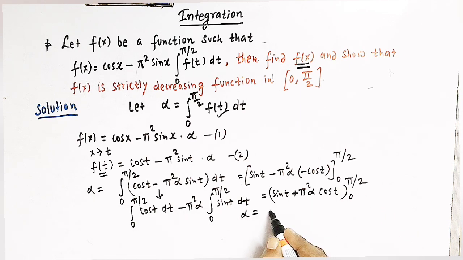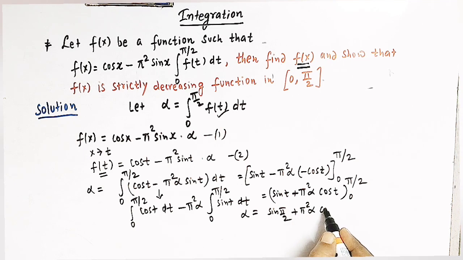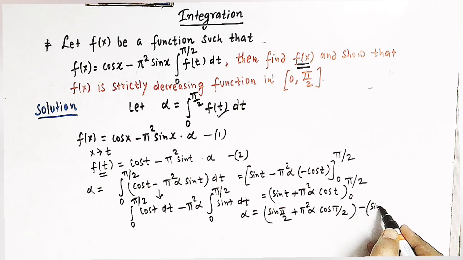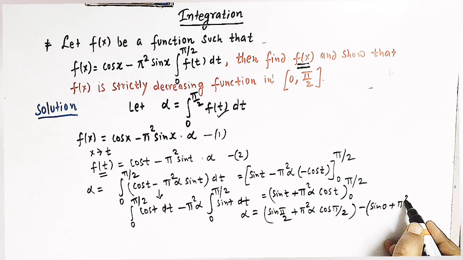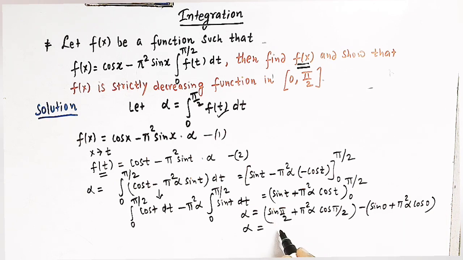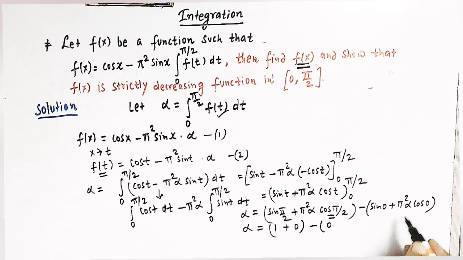So the value of alpha is now sine pi by 2, plus pi square alpha cos of pi by 2, minus sine of 0 plus pi square alpha cos of 0. Now sine pi by 2 is 1 and cos pi by 2 is 0, so this term is 0, and then sine 0 is 0, and cos 0 is equal to 1, so we have simply pi square alpha times 1, that is pi square alpha.